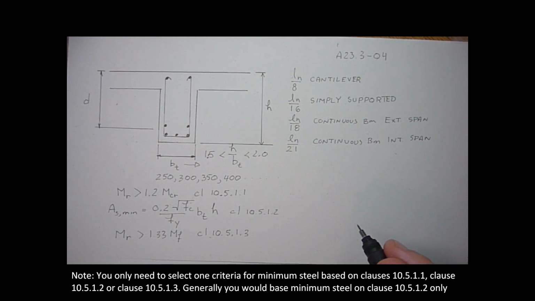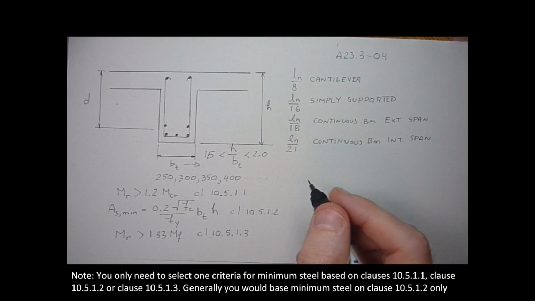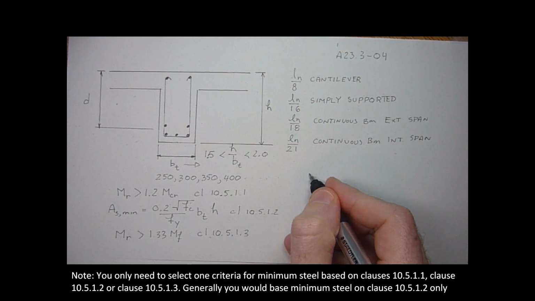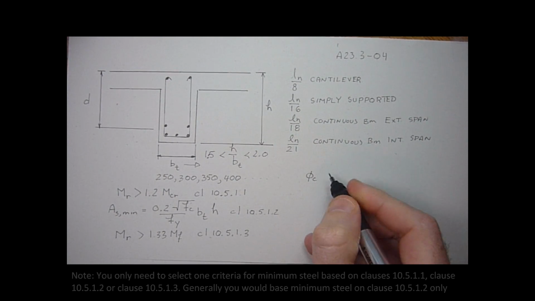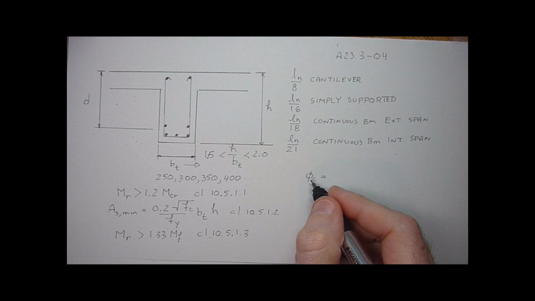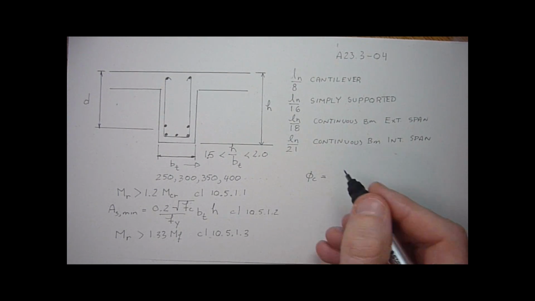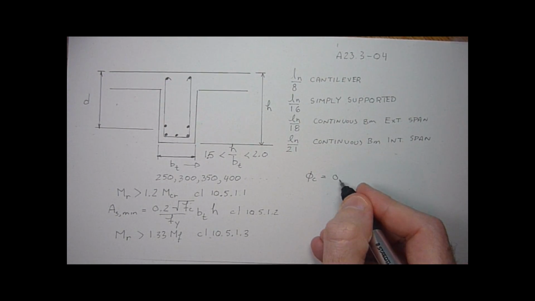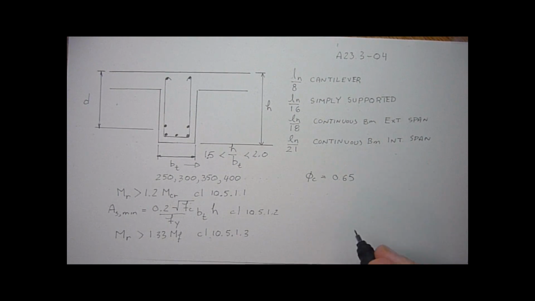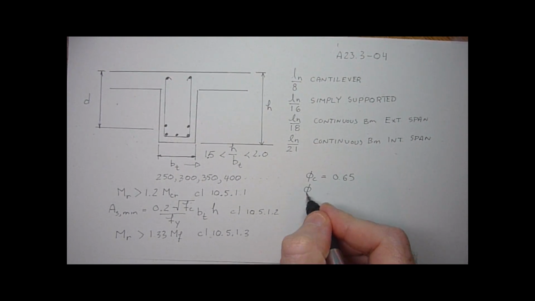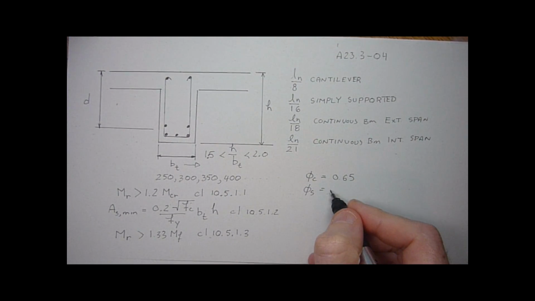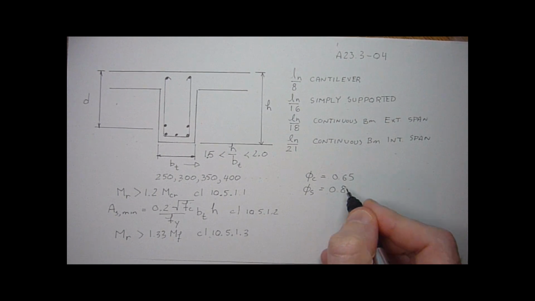Other basic design rules of thumb to use: something you should always know is that the phi of the concrete, which is the resistance factor that we use, kind of a safety factor, is 0.65. So we reduce the strength of f'c by multiplying by 0.65. And for steel, it has better quality control, so we use 0.85.